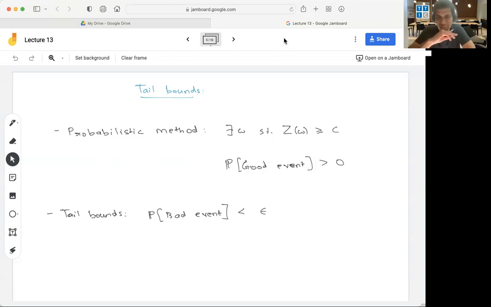In this particular case, maybe that z of omega is greater than or equal to c, where c is measuring some property or some parameter we are interested in. And the probabilistic method shows whatever we want to happen: there is a large independent set, or there is an assignment to 3-SAT satisfying many clauses, or there is a good code with large error correction properties. The probability of such an event is greater than 0, so such an event at least happens.